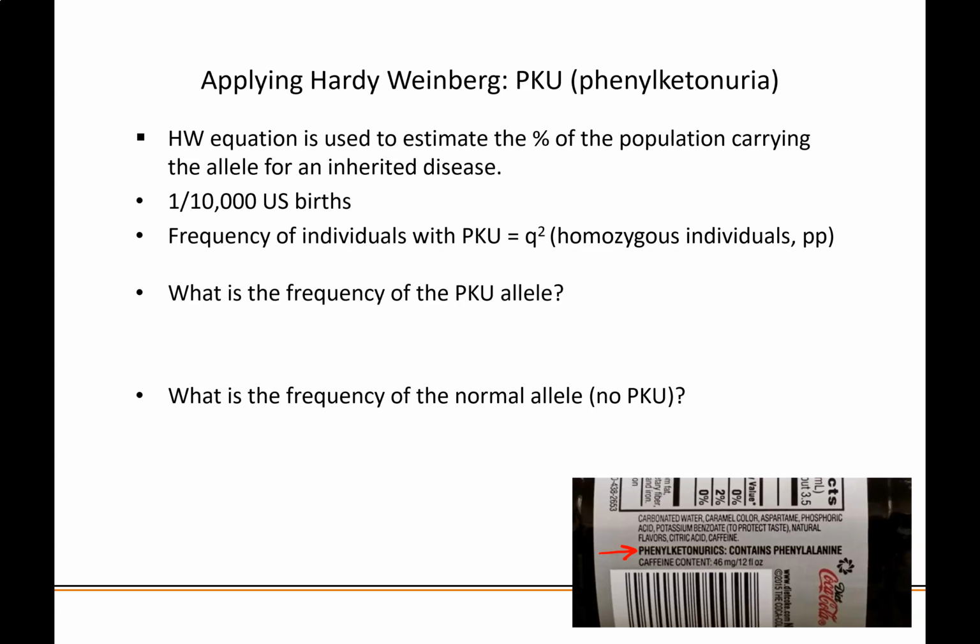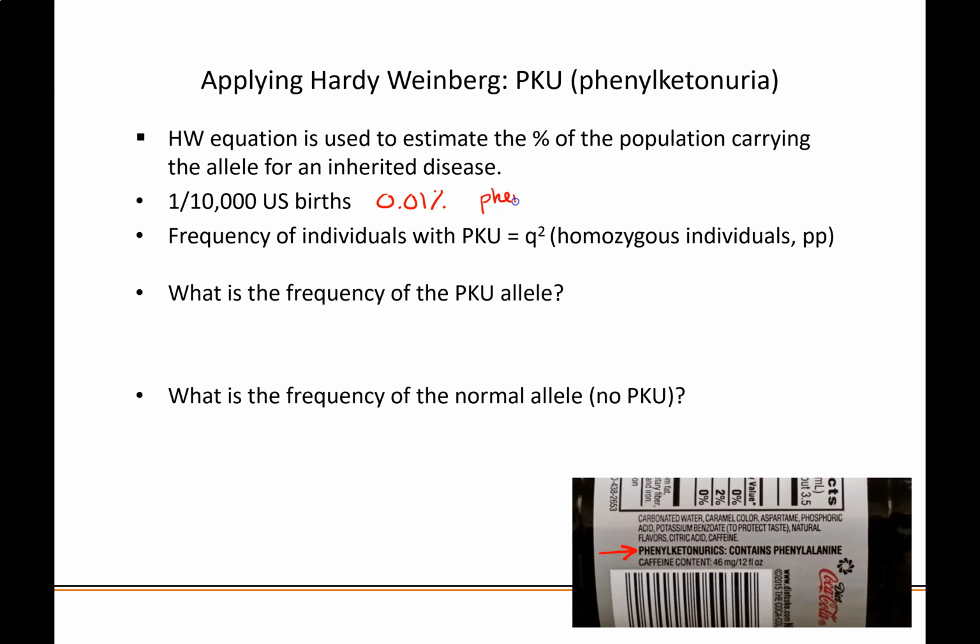So PKU occurs in 1 in 10,000 US births. That's about 0.01%. So a very low frequency in the population. So this problem gives you the phenotype frequency of affected individuals.